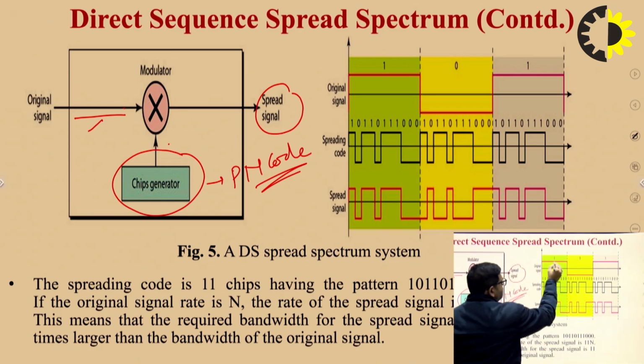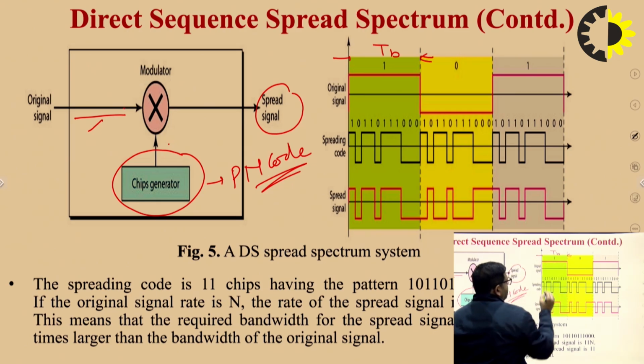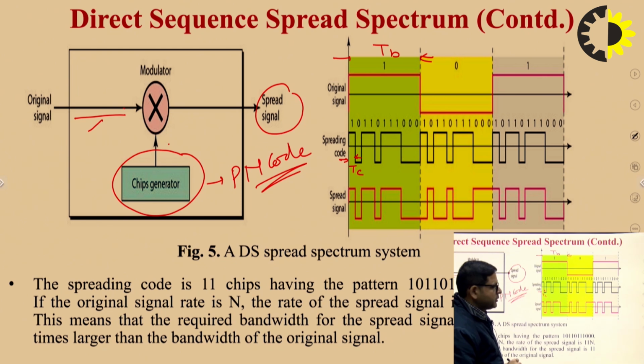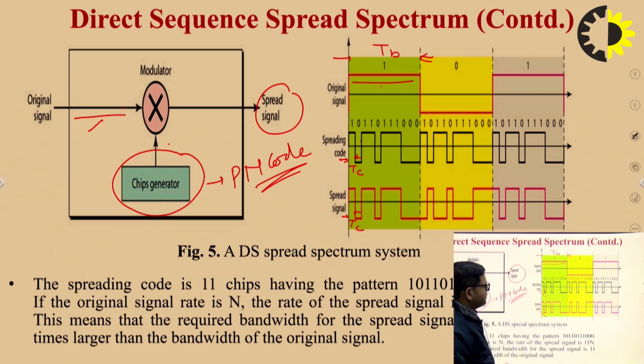This is the original signal, and the bit duration in this signal is TB, and this is our PN sequence spreading code, and in this spreading code the bit duration is TC, which is known as chip duration. When we multiply these two signals, the bit duration is chopped into small time increments, and we can easily see that in this TB duration we have certain small time increments which have a duration of TC.